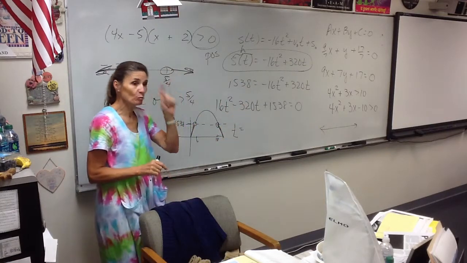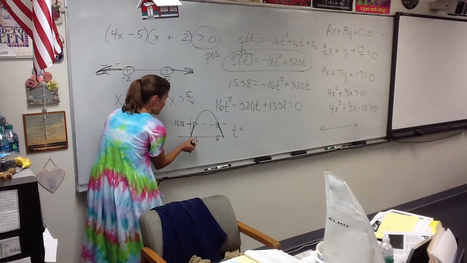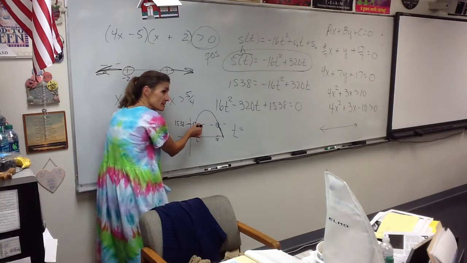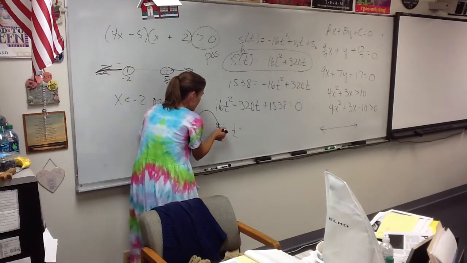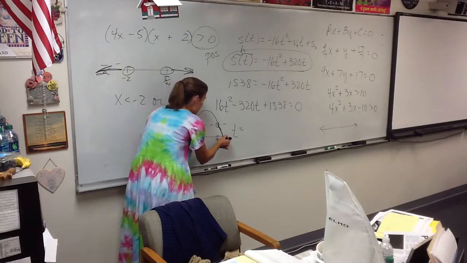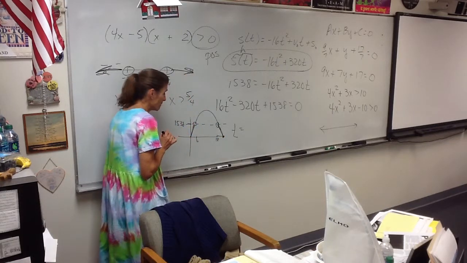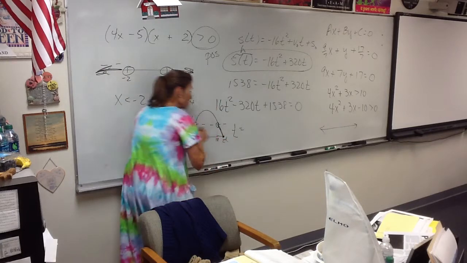I'm making it up. But the reason I want to make it up is because when I answer this question, I have to say from 0 to 6, and then I have to say from 18 to here. Now, we talked about this the other day. What's that? 24. How do we know that's 24?